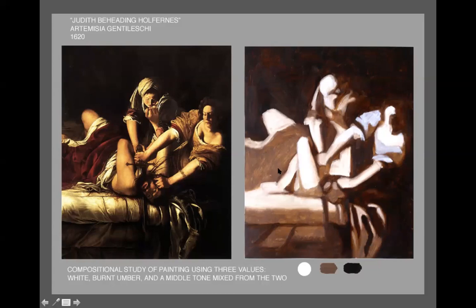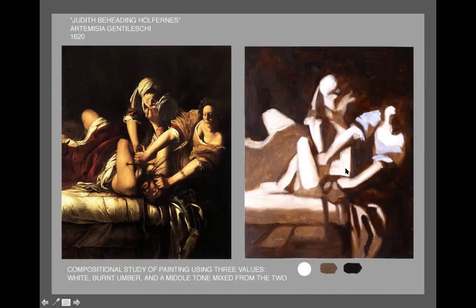So what you're going to do is use this as a basis for your own abstract painting. So you're going to make an abstract painting using this study as the underlying basis of your painting.